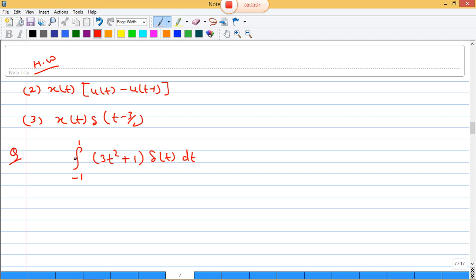In a finite integral, if an impulse is multiplied, then what will be the value? Just remember the formula: integral from a to b of phi of t delta of t dt. Then what will be the value here? The value will be phi of 0.